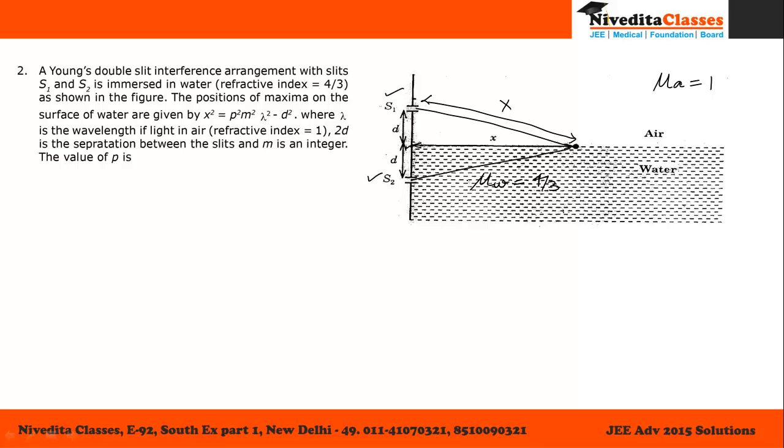Okay, so as we can see, this capital X will be on both sides, and from Pythagoras theorem we can say capital X square is equal to small x square plus d square. Okay, so for the wave which is coming out from the slit 1, we can write its amplitude using the equation of the travelling wave.